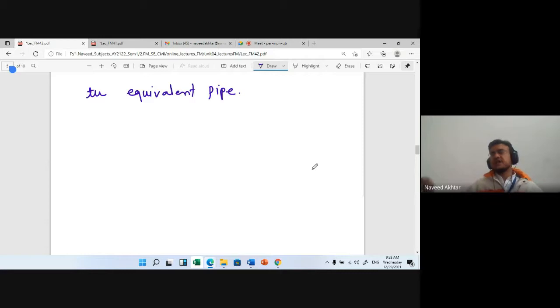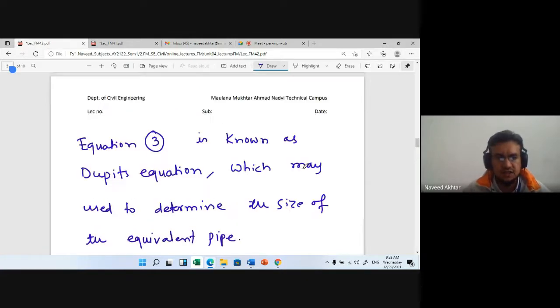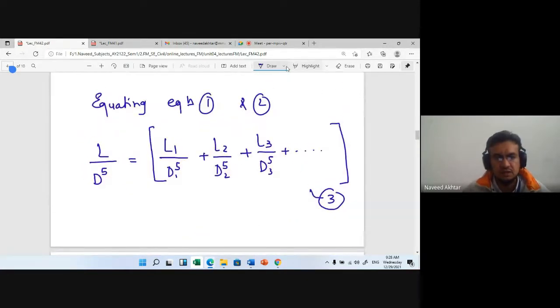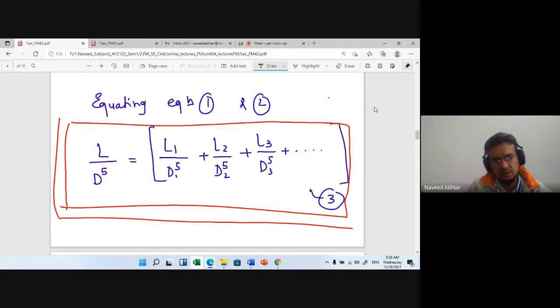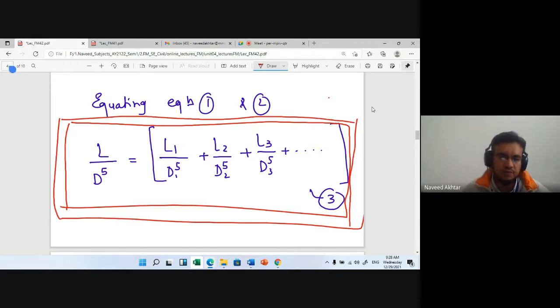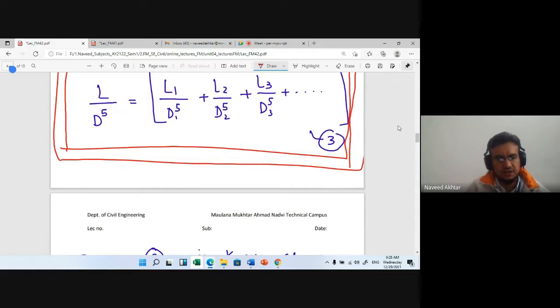So this Dupuit's equation is based on the equivalent pipe system. Equation three is nothing but Dupuit's equation of the pipe flow problem.